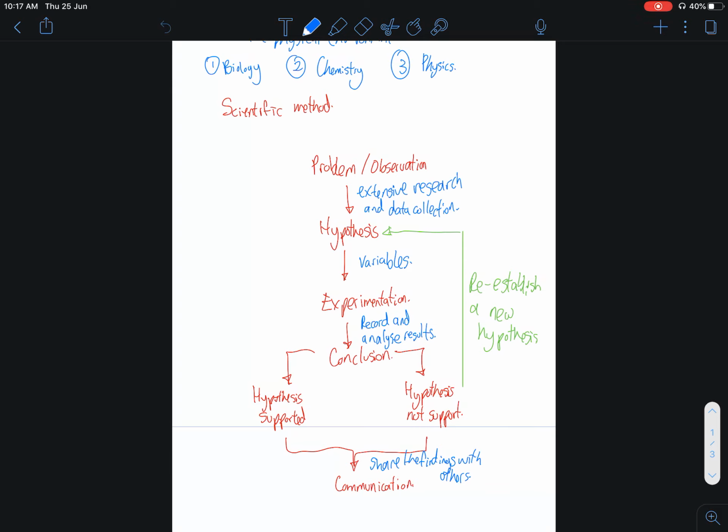Is our hypothesis true? If it's true, we can share our findings with others through communication. However, if there is not enough evidence or facts to support our hypothesis, we would re-establish. That means we make a new hypothesis, and the whole process happens again and again.